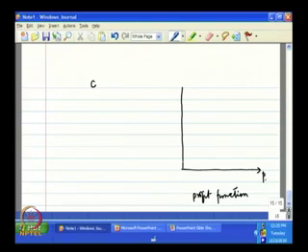So, this is Pi and this is pi. I know the profit function is given by this.